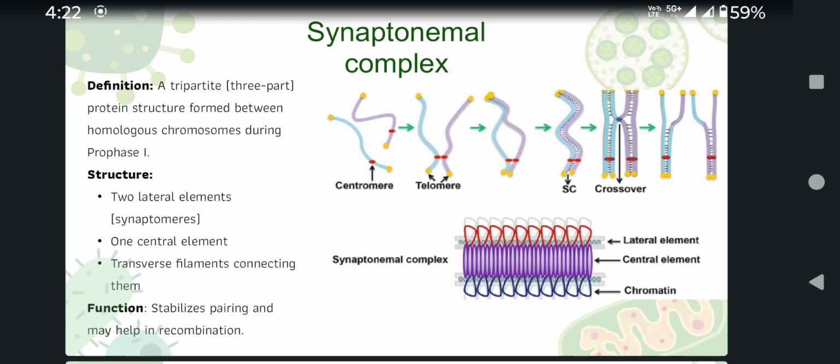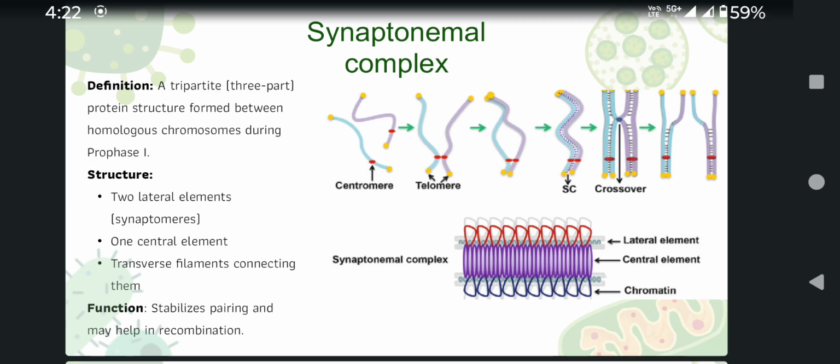So the synaptonemal complex consists of lateral elements and a central element, and this is chromatin. So two lateral elements and one central element, and then transverse filaments connect them. These are the transverse filaments which are connecting.